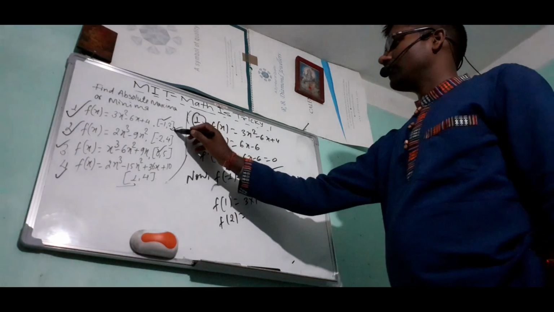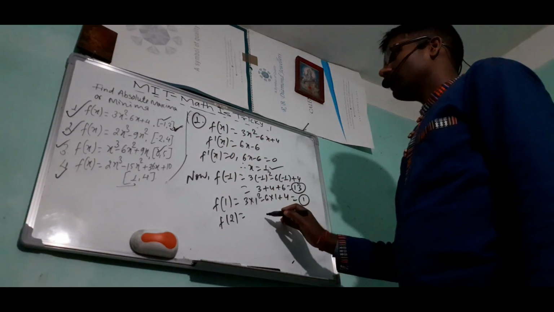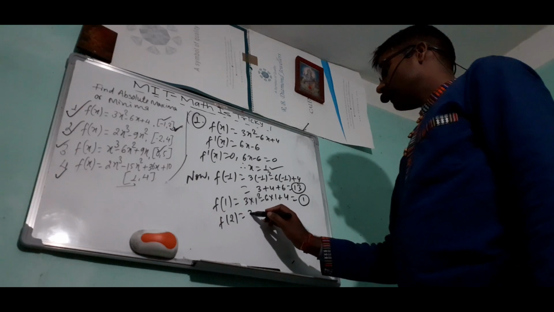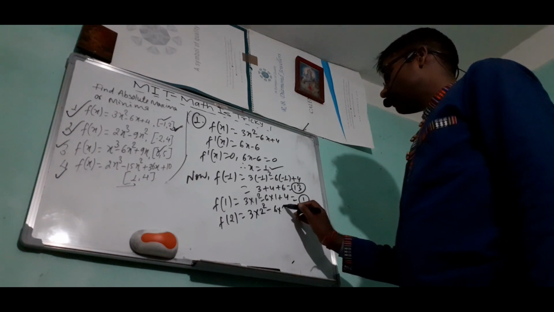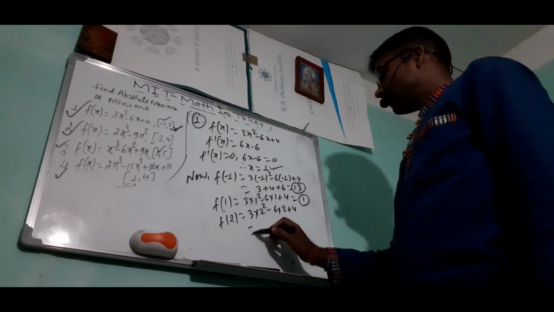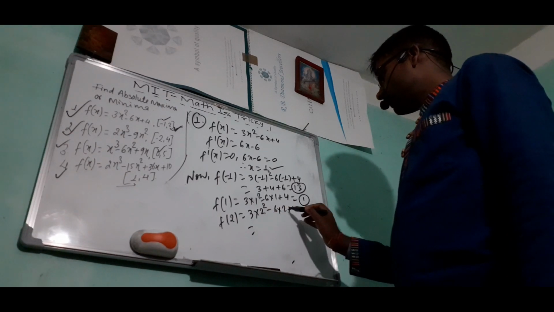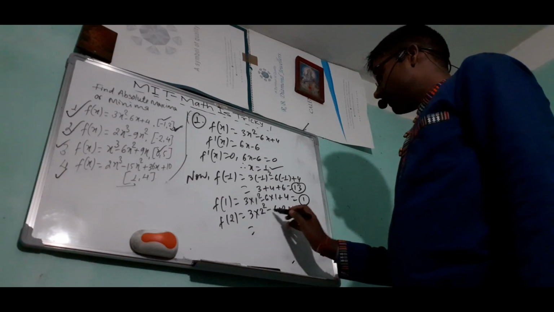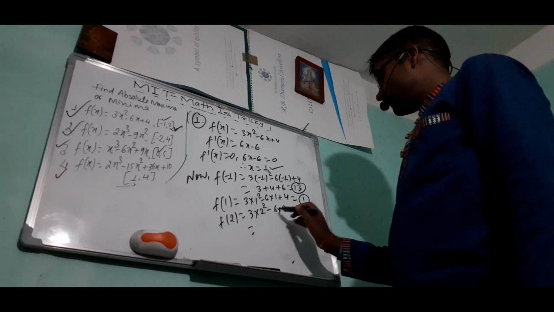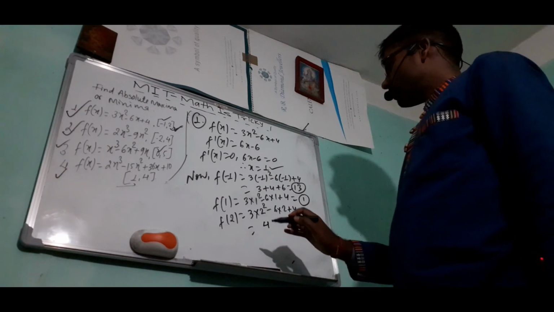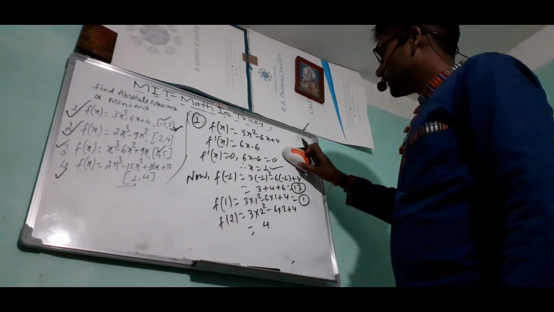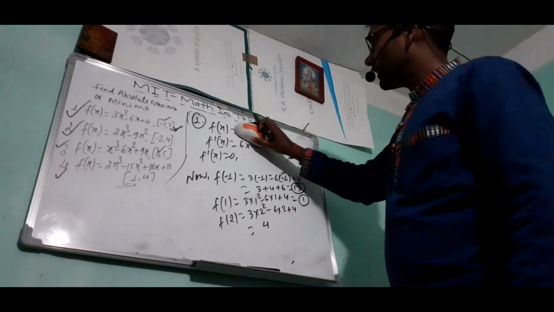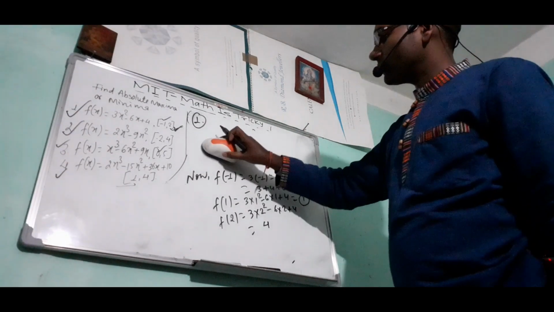The third one is f of 2. So let's find at the extreme point of the given interval. It will be simply 3 into 2 squared minus 6 into 2 plus 4. That is 12 plus 4 minus 12, the 12s cancel, it is simply 4. So now we have the greatest and smallest values, so we will have the absolute maximum and minimum.